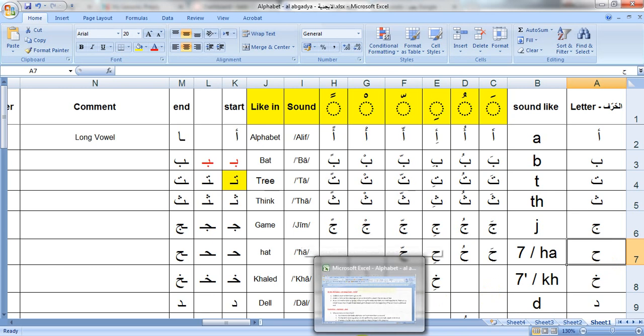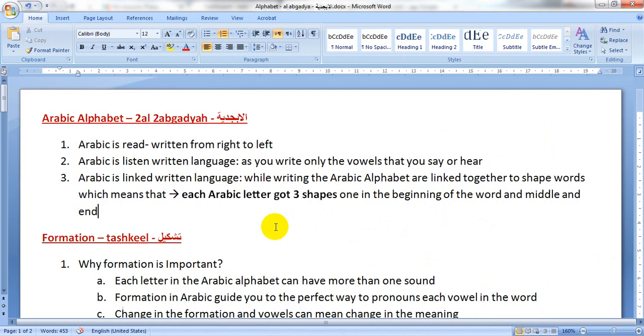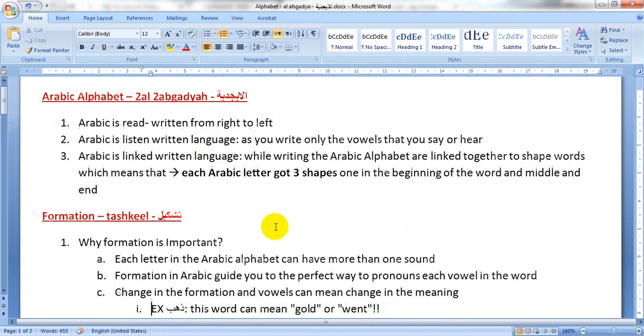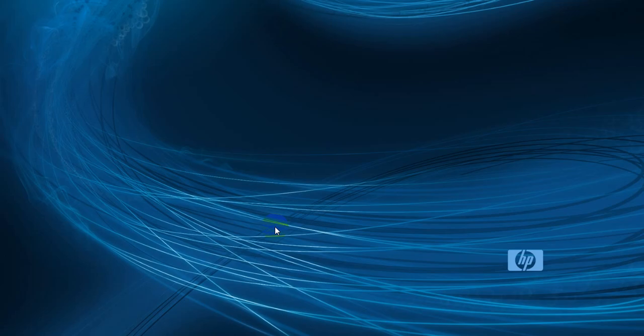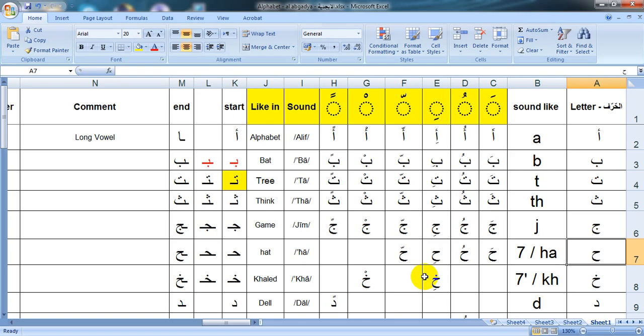Okay, so let's take a look at this one. Now, the formation. What is the formation? This is the formation. Formation is simply signs that are put above or under the letters that make us say it differently. So one letter in Arabic can have more than one sound.